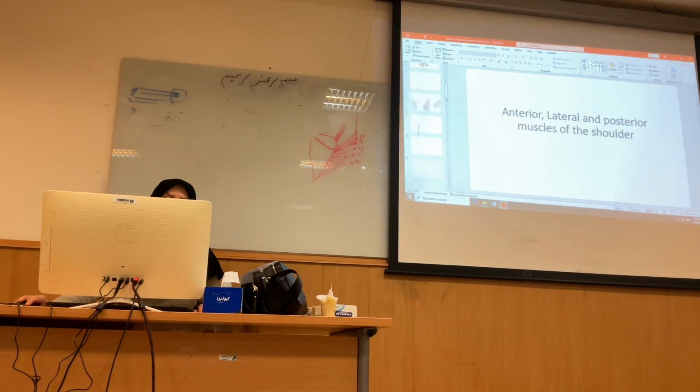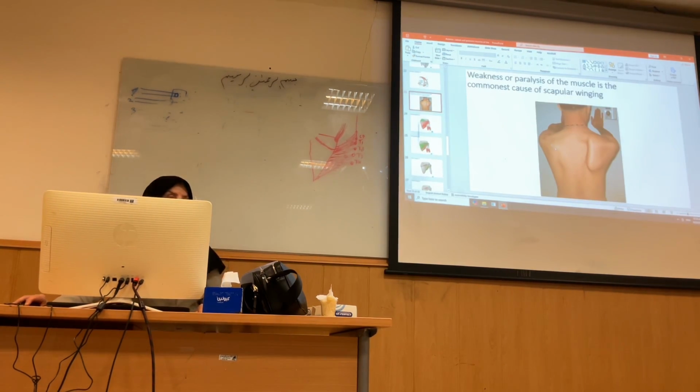Normally, the serratus anterior on this side is normal. But on the other side, you have paralysis of the serratus anterior. So the medial border of the scapula on this side goes backward.